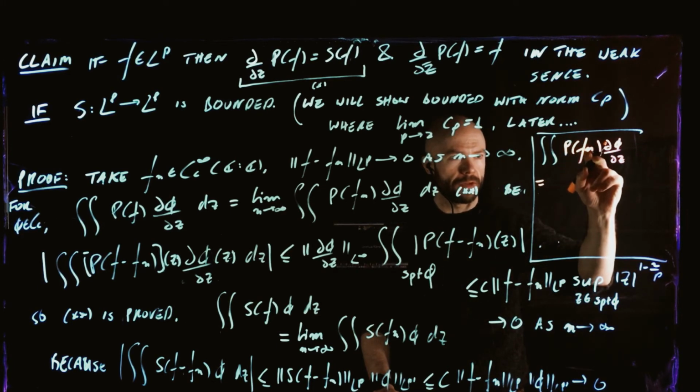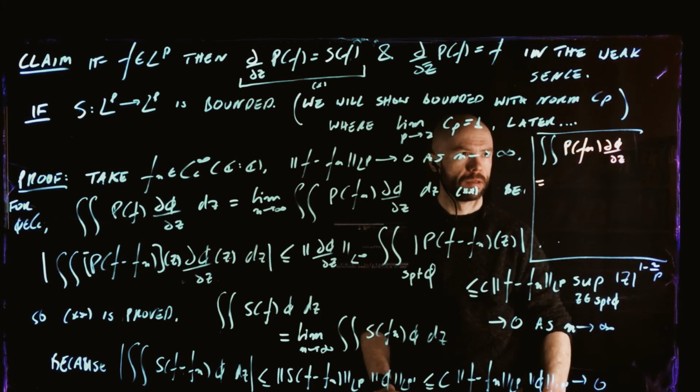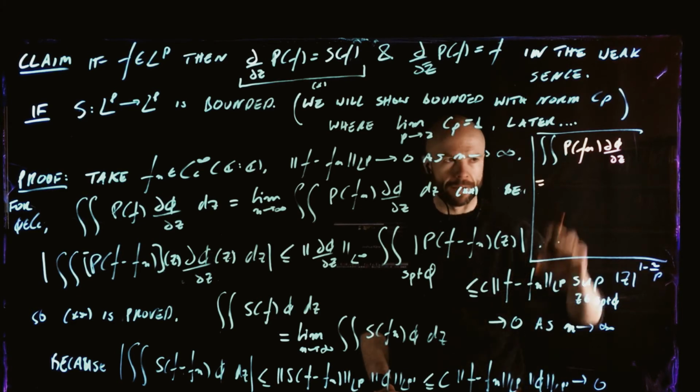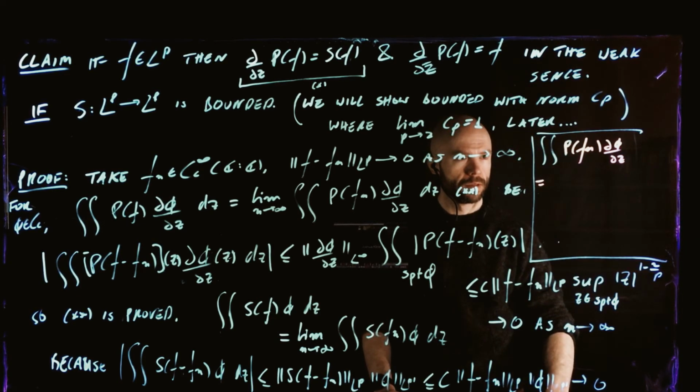Because this is a smooth function and this is a smooth function and this output is a Hölder continuous function, and that's good enough for us for the calculation we just did over there.